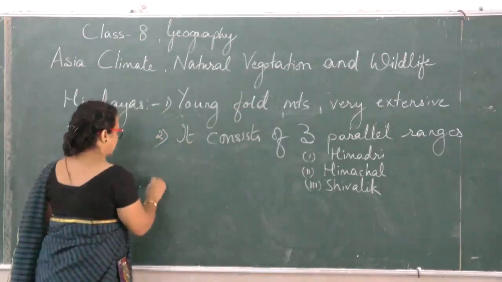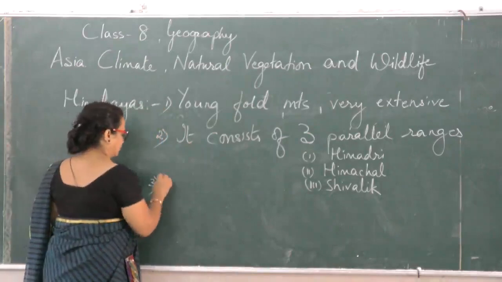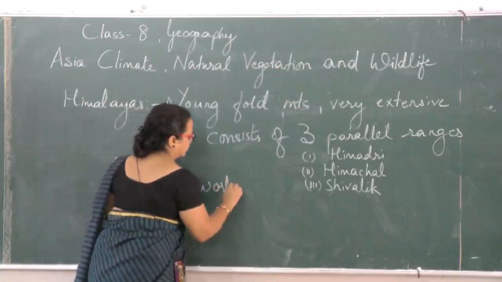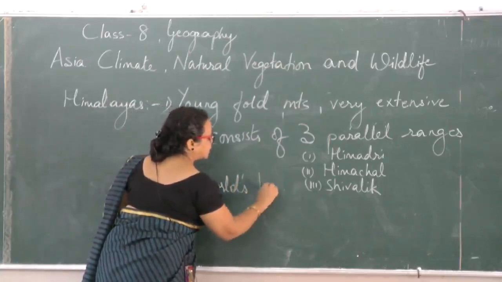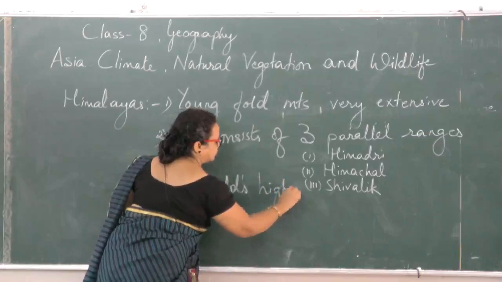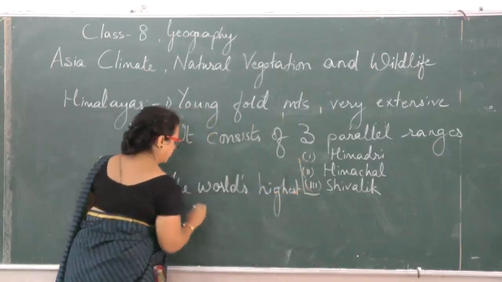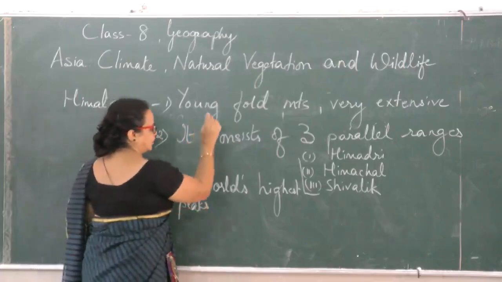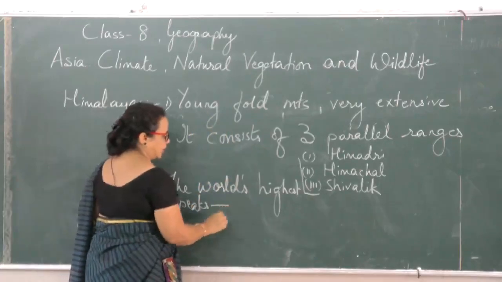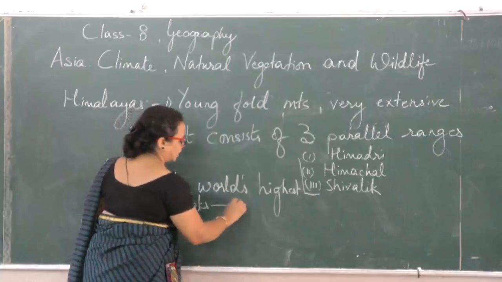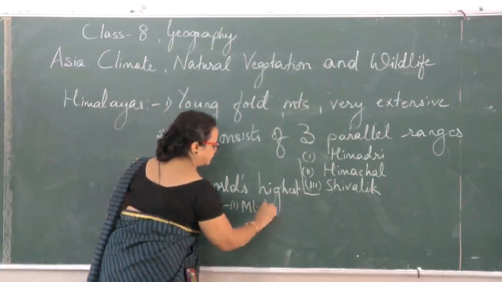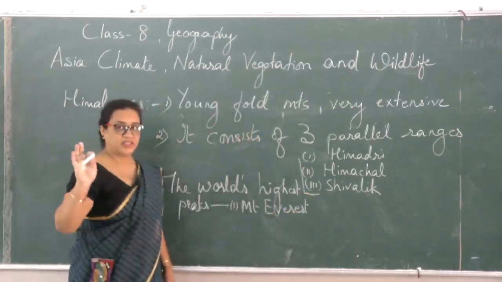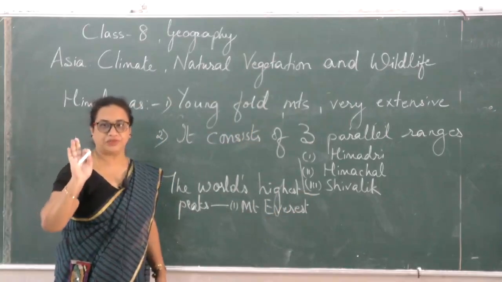Then we come to the third point. The world's highest peaks. The world's highest peaks are found in the Himalayas. Again the names, starting with Mount Everest. 10 highest peaks are there. I am giving you only 3 names.